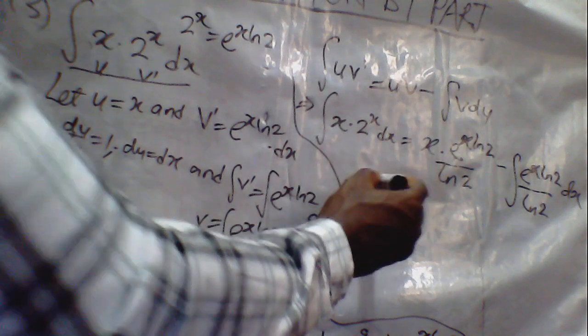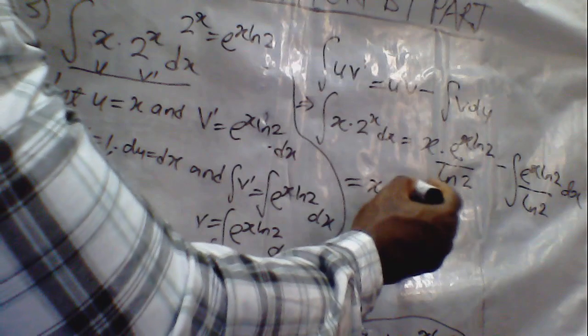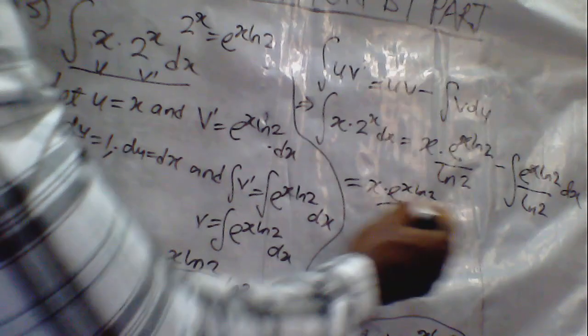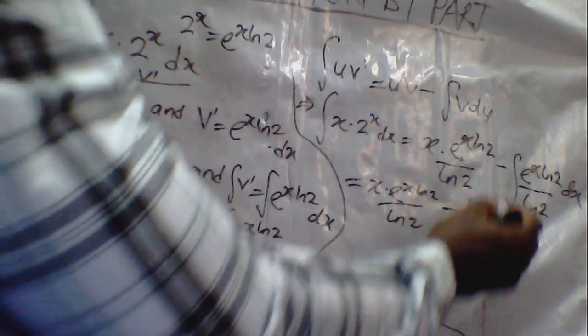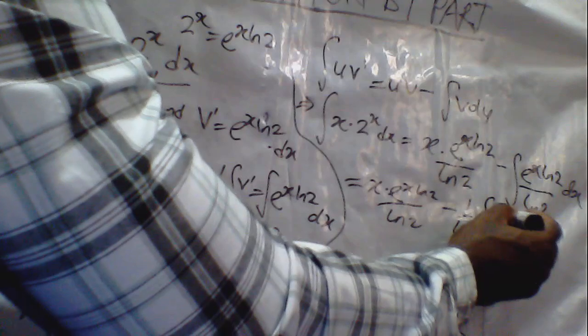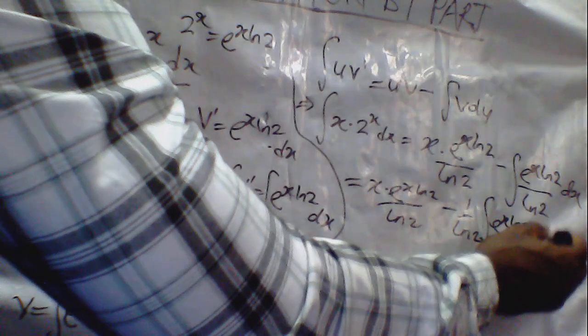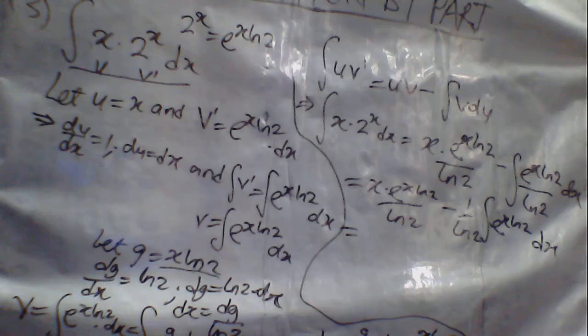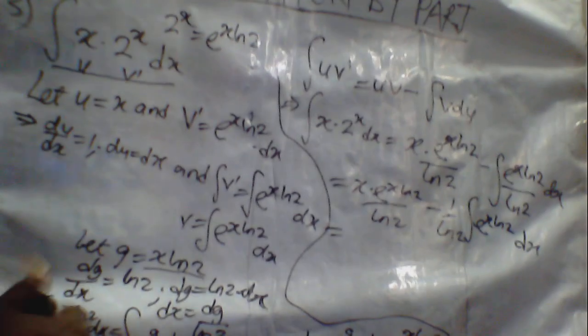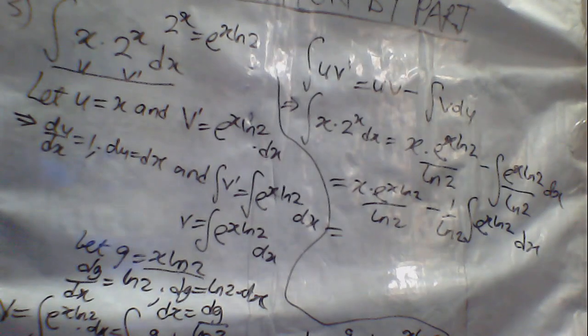This gives us s e raised to power s ln 2 divided by ln 2 minus 1 over ln 2 integral e raised to power s ln 2 ds. So from here we proceed. Do you have any question?